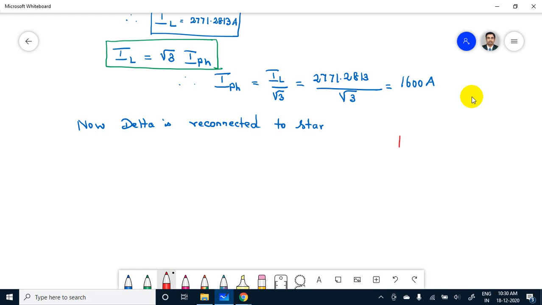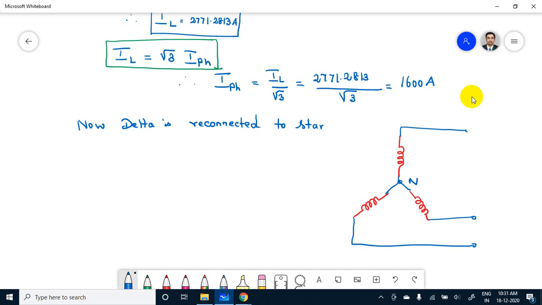And in star, these are 3 windings, all connected together, and this center point will be neutral, which will be connected to the 3 phases R, Y, B. Here we are applying the line voltage VL.